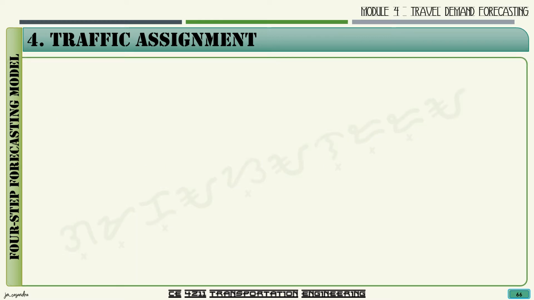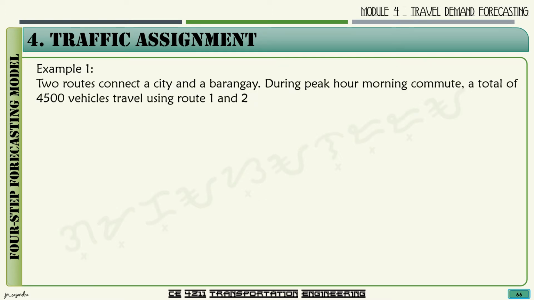Okay? So, to understand Wardrop's principle, let's solve an example. So, let's say we have 2 routes that connect a city and a barangay. And during peak or morning commute, there are a total of 4,500 vehicles that would travel using Route 1 and Route 2. So this will be our total volume that will be distributed in Route 1 and 2.